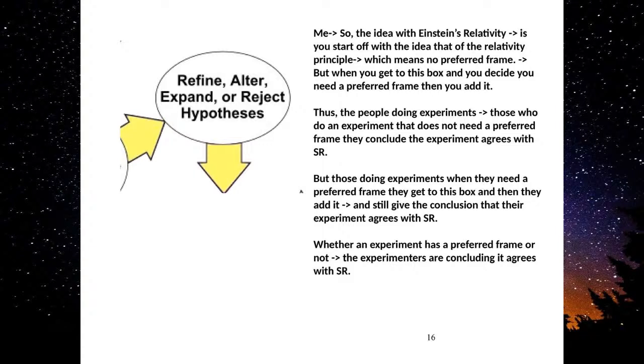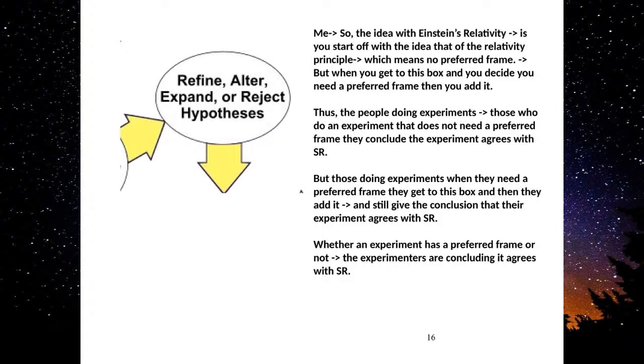Thus, those who do an experiment that does not need a preferred frame conclude the experiment agrees with special relativity. But those doing experiments where they need a preferred frame, they get to this box and then they add it. And they still come to the conclusion that the experiment agrees with special relativity.